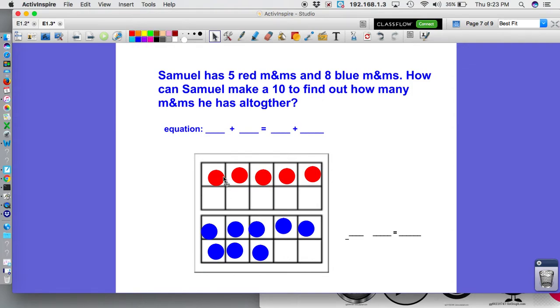Well, I can take 5 and bring it up, or I could take 2 and bring it down. I think it's fast if we make the 8 a 10. So now we have 10 plus 3. And 10 plus 3 equals 13, which is the same as 5 plus 8. So 5 plus 8 equals 13.